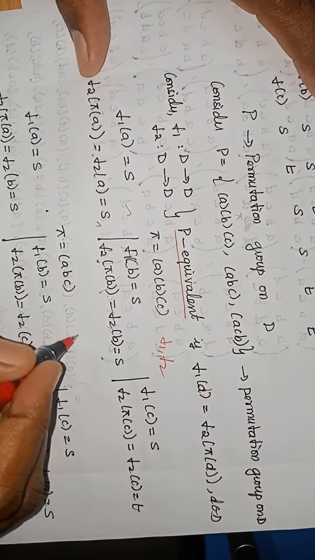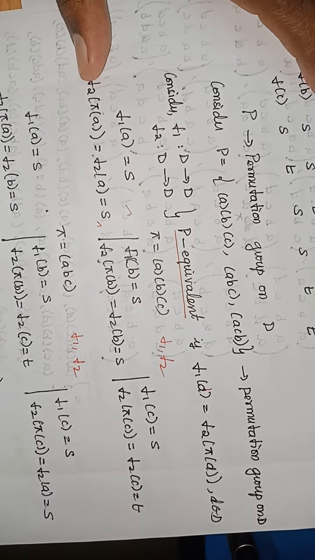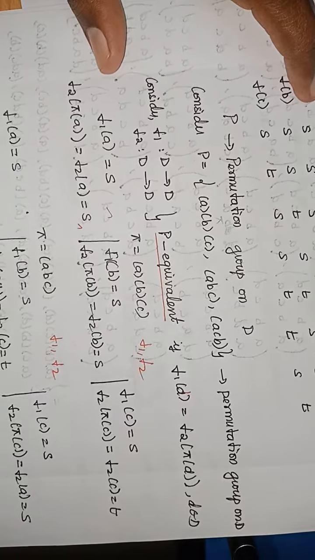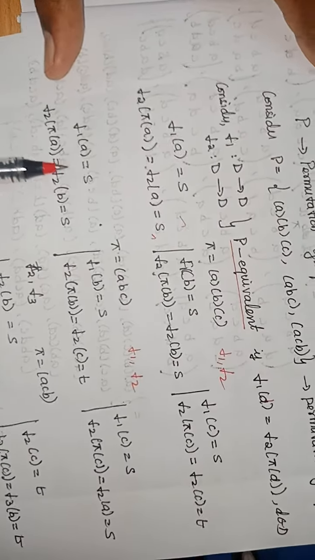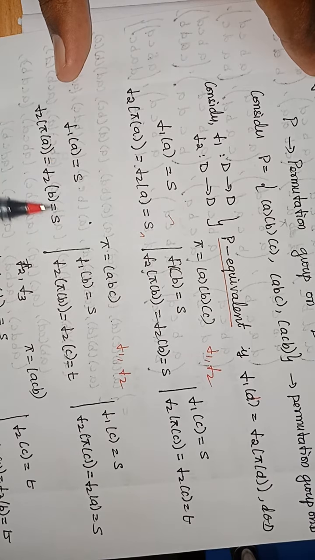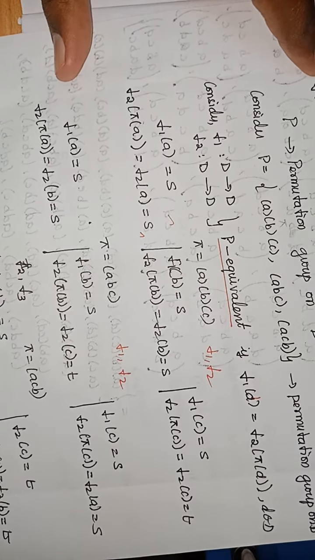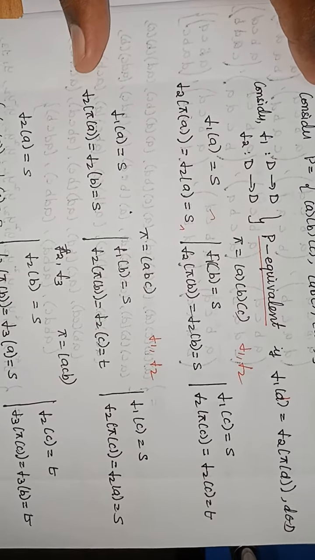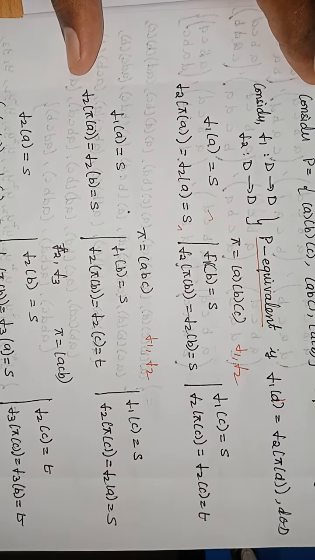Let me choose the same two functions f1, f2, and check it for A, B, C with the second permutation. If I do this, the criterion is true for A and C but not for B. So once again they are not P equivalent.